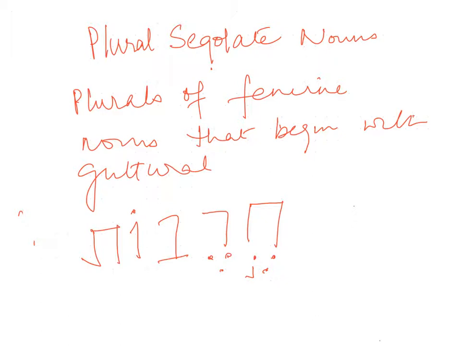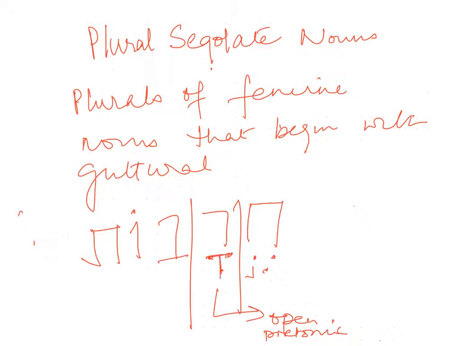So again, I increase the syllables and break this up. This is an open pretonic. It does not prefer the short segol. It prefers a long vowel, in this case a kamets. Again, what about the pro-pretonic?